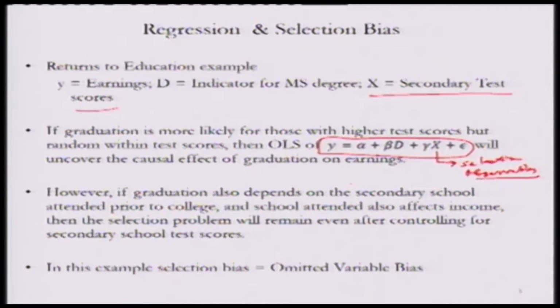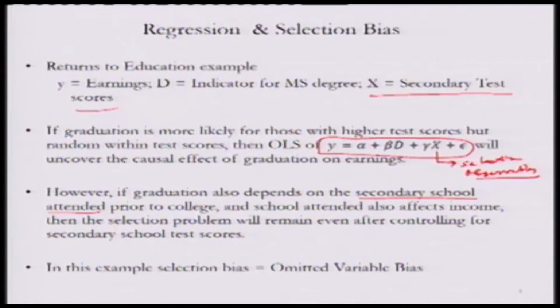But suppose there is another variable, the type of secondary school attended prior to college, and that also affects income. Then the selection problem will remain even after controlling for secondary school test scores. What this means is that in this case the secondary school attended would be an omitted variable which you do not observe.